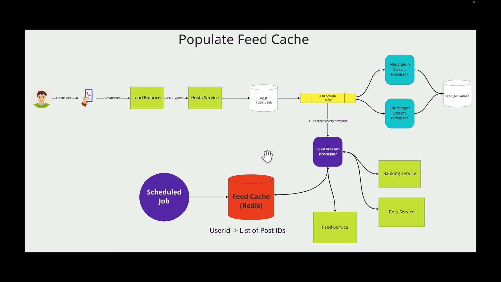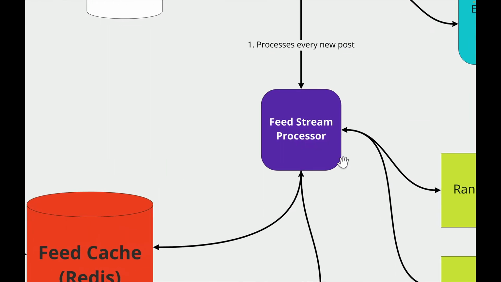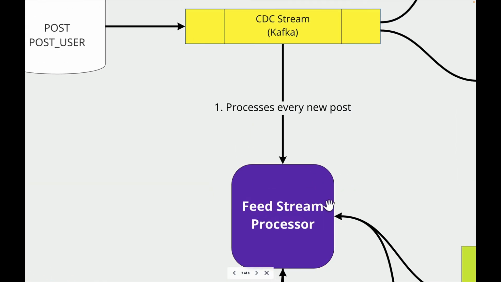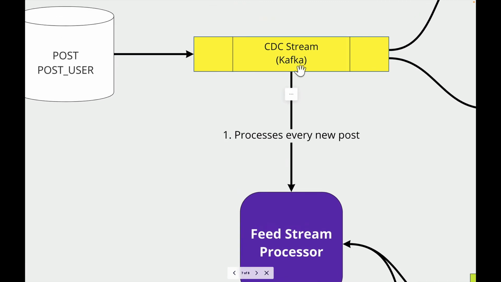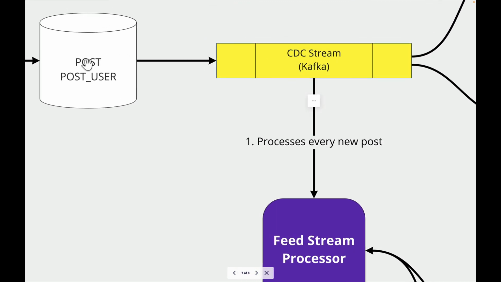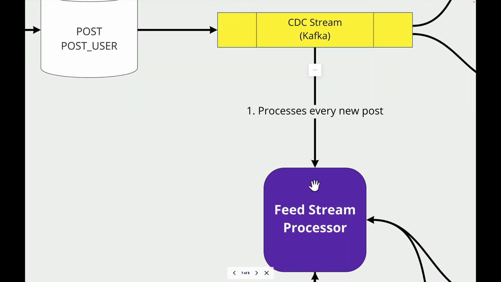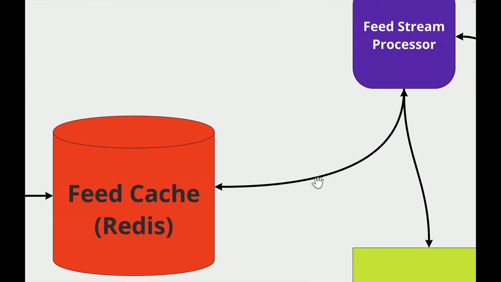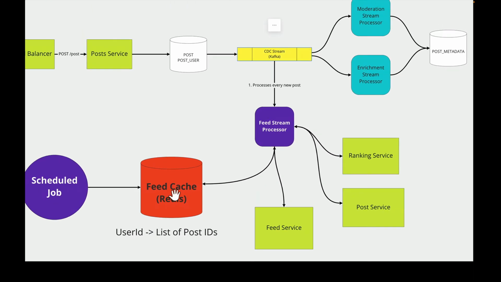So essentially you have two systems. One is real-time: the feed stream processor. This is based on the CDC stream coming from the post table, and it makes sure that for every new post, it reformats the feed for users that should actually see this new post, and then puts it in the feed cache over here.